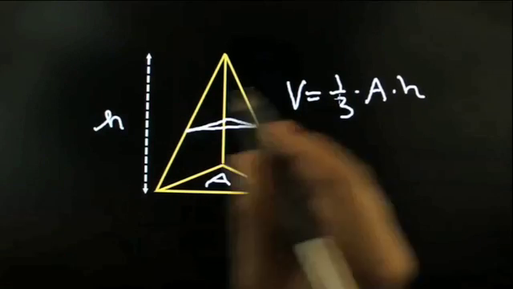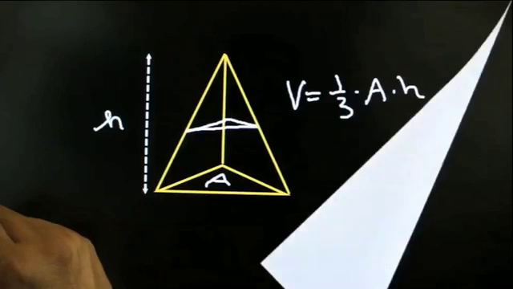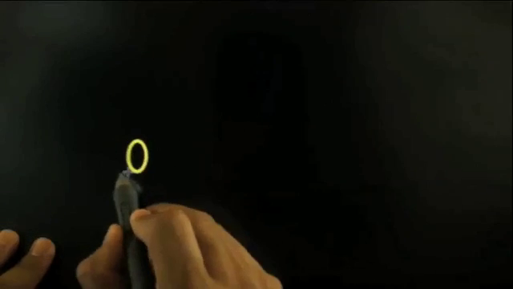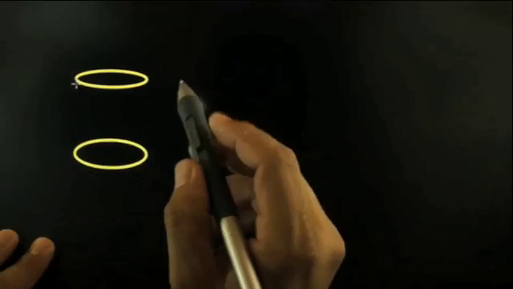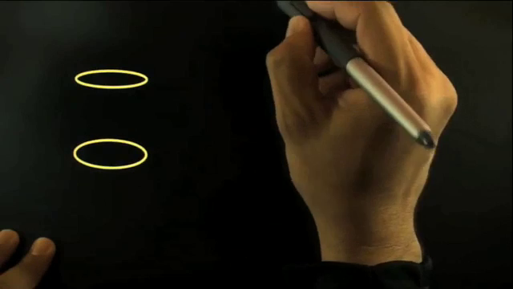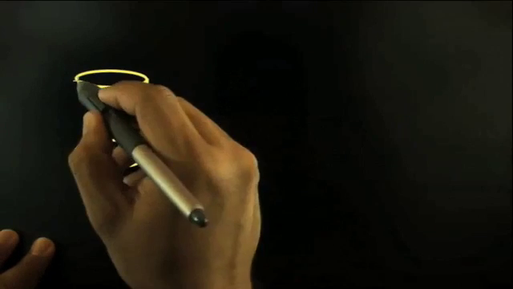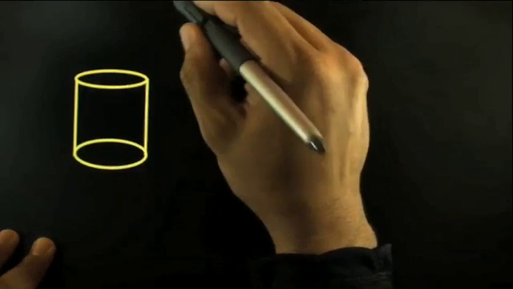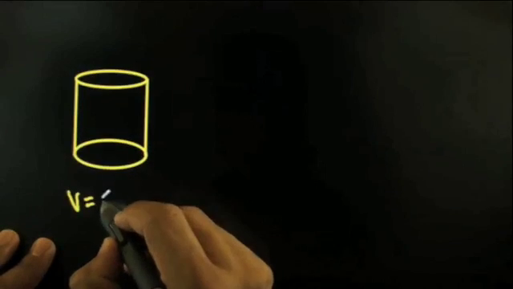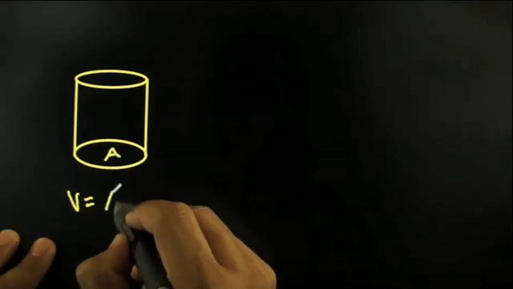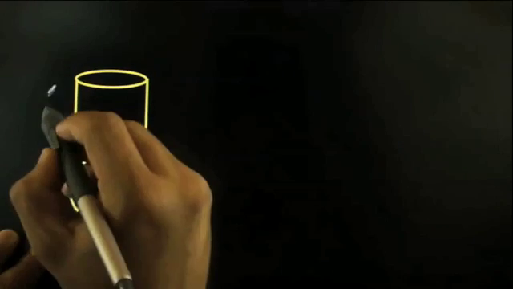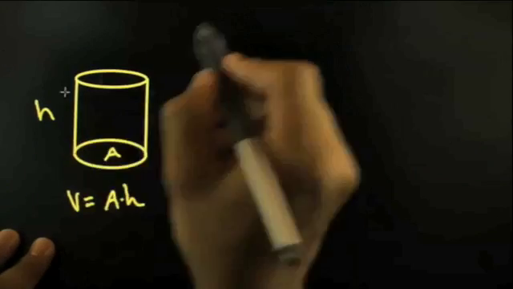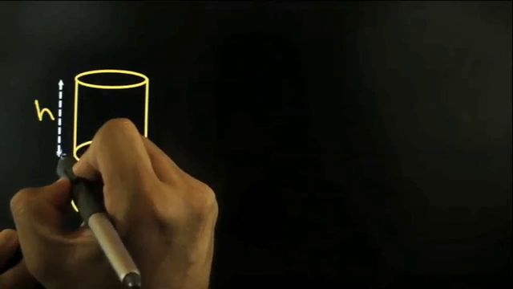For example, what this is saying is that if you have, for example, let's take a regular, standard, run-of-the-mill cylinder. They go more or less like this. Okay, and we've established that here the volume is equal to the area on the bottom times the height, where of course the height is, again, this height right here.